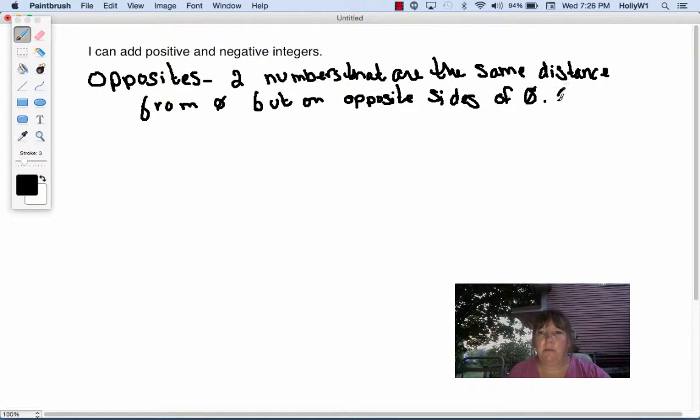So an example of that might be -3 and 3. And do you remember what happened when we added them yesterday? They became 0, so they're opposites.